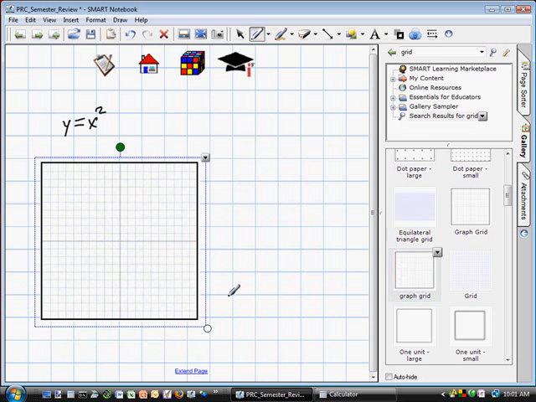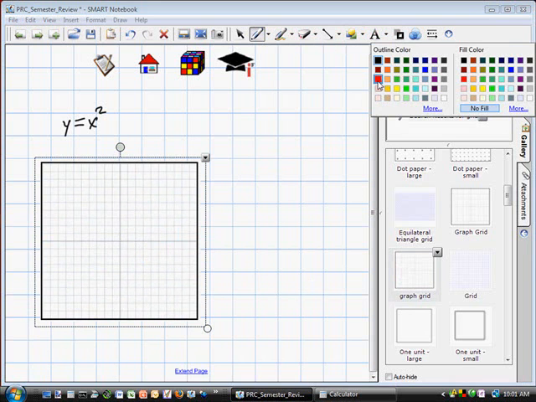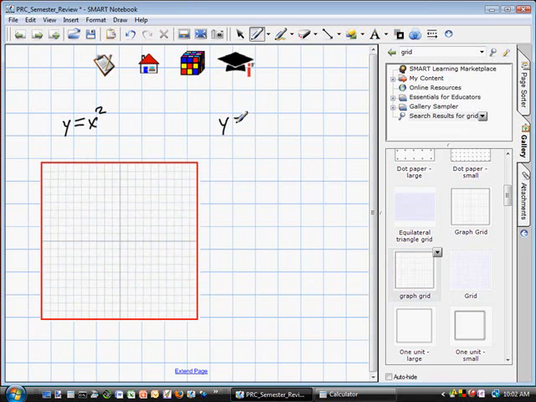And we'll show y equals x squared, and we'll show y equals 1/2 x squared. I'll pick a different color for that. So let's do red.